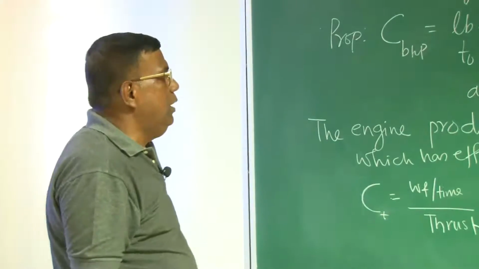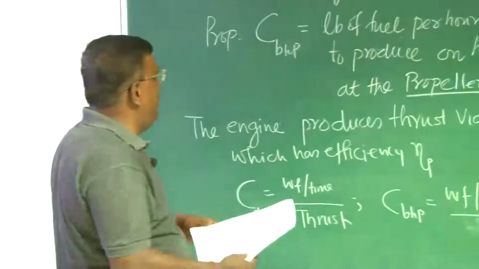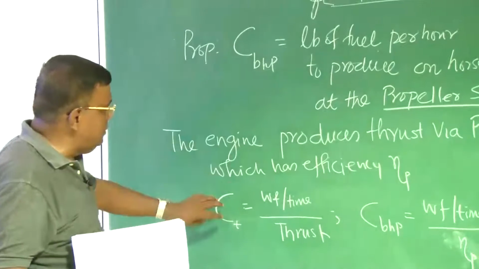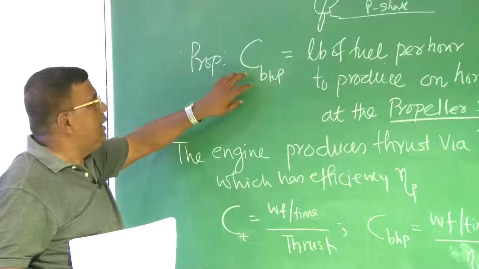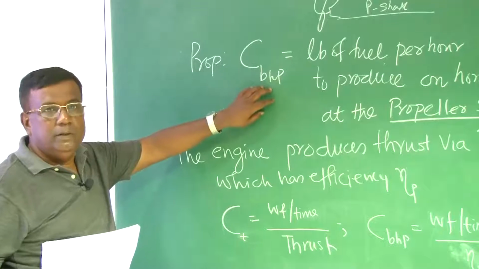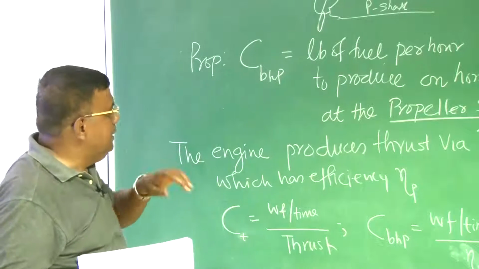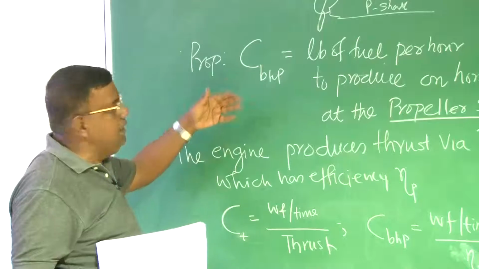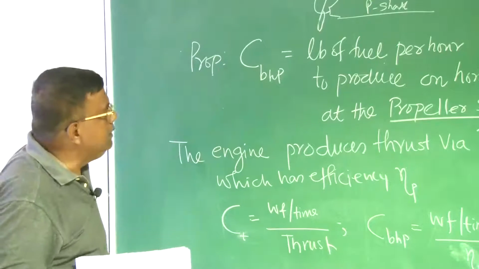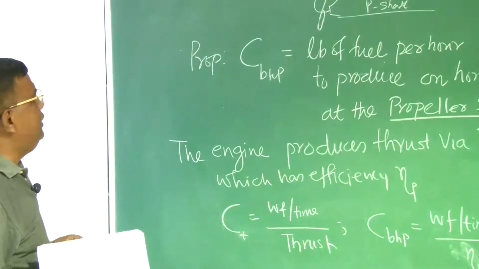We are trying to find out how to visualize the thrust I expect for an aircraft which has a particular value of CBHP. In turn, I am looking for a relationship between CT and CBHP. Okay? So we go back to the definition.